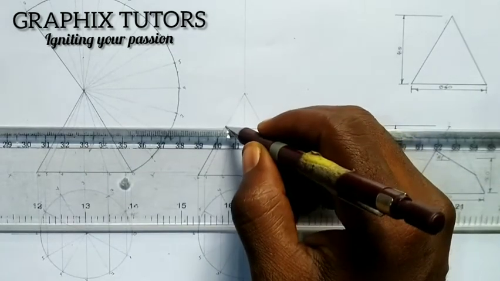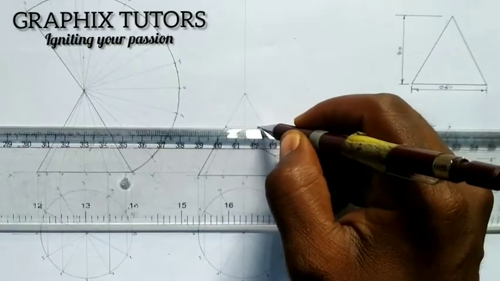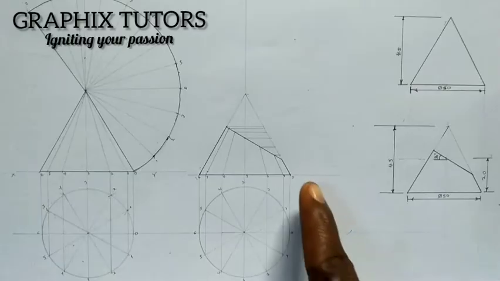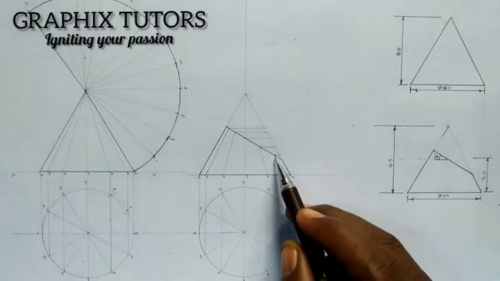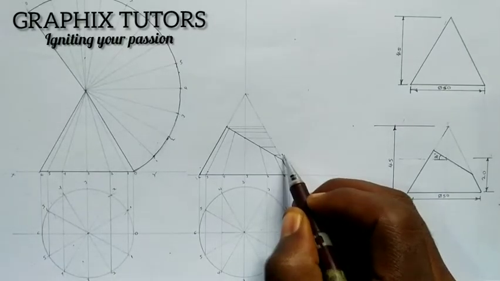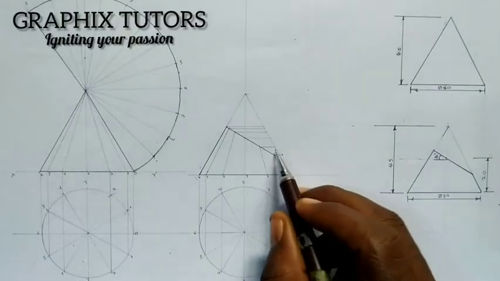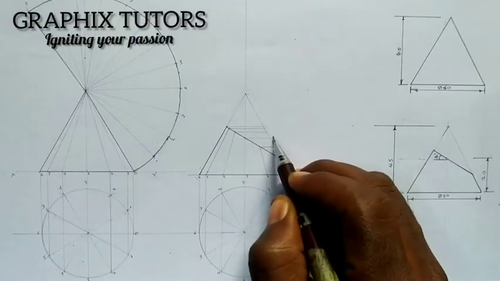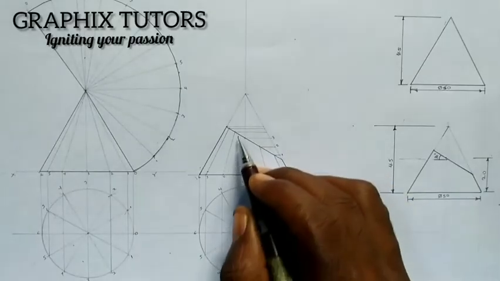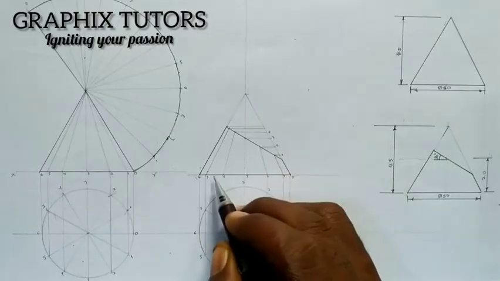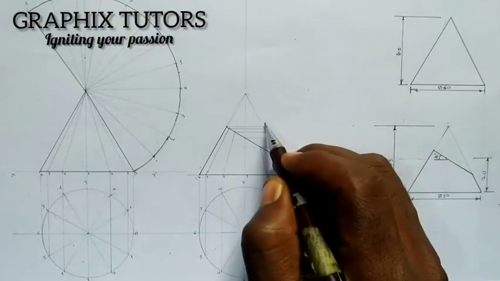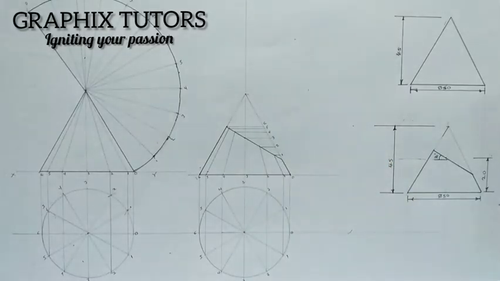From here, I'll move this to touch here. Now if you look out very well, just to make things easier for us, this is 0. This line that is coming here is line 1. This one here also is what? Line 2. This one coming here is line 3. This here is what? Line 4. This here is what? Line 5. And here is what? Last one is line 6. Right? So see what I want to do here.